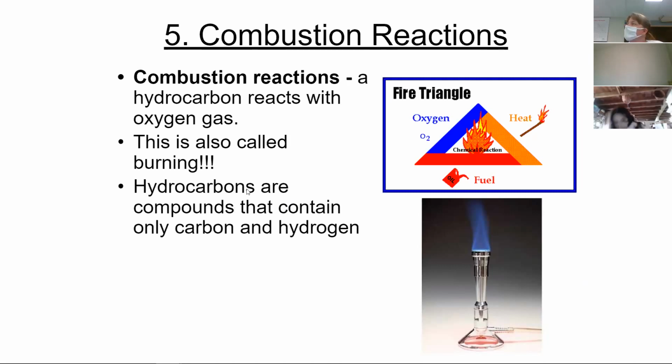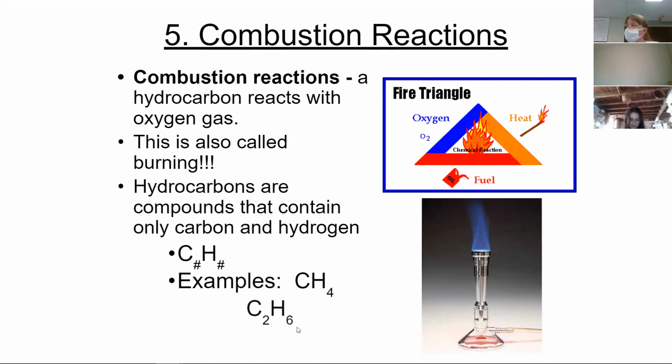So how do we identify a hydrocarbon? A hydrocarbon is going to be carbon and hydrogen, and the subscripts telling you how many of each element you have will vary. Some examples: CH4. Here you can see that we have carbon and hydrogen, and those are our subscripts. C2H6 is also a hydrocarbon, just with different subscripts.